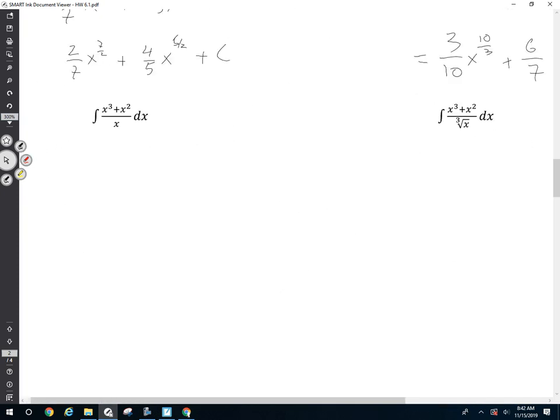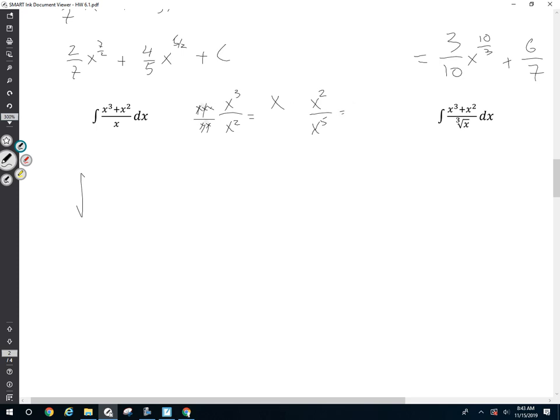If you see a quotient, you cannot use a quotient rule. There is no quotient rule for antiderivatives. Instead, you need to divide. Now remember, when you're dividing, you're going to be subtracting your exponents, because you have so many x's over x's that you can cancel, which removes 2 and just leaves 1 in the numerator.